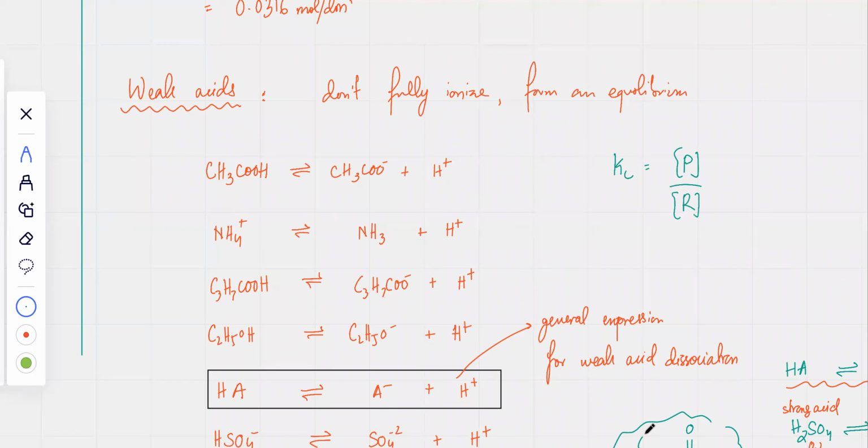Now, this equilibrium constant would give you a lot of information about how strong the acid is. If there are a lot of products forming, then the product concentration would be very high, and the Kc value would be relatively higher. And similarly, if the acid doesn't really like to ionize, the concentration of the product would be less, and the concentration of the reactants would be more. There's going to be less ionization.